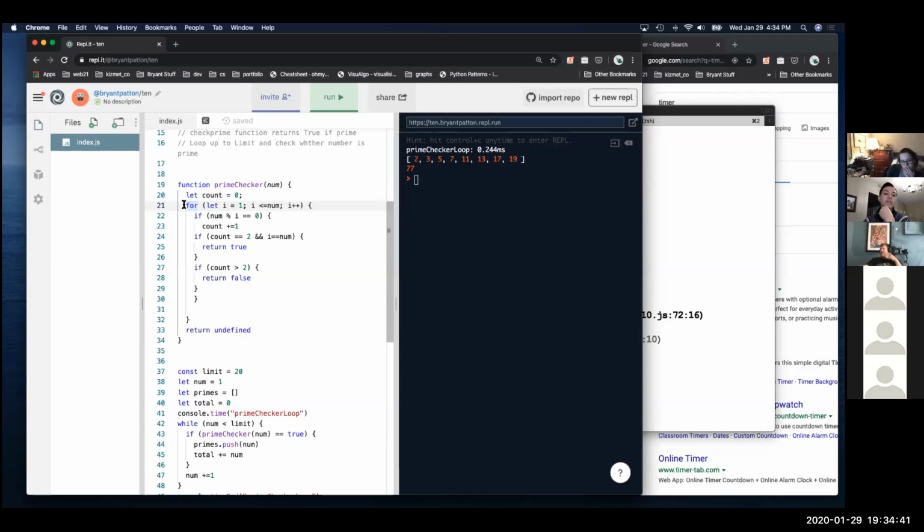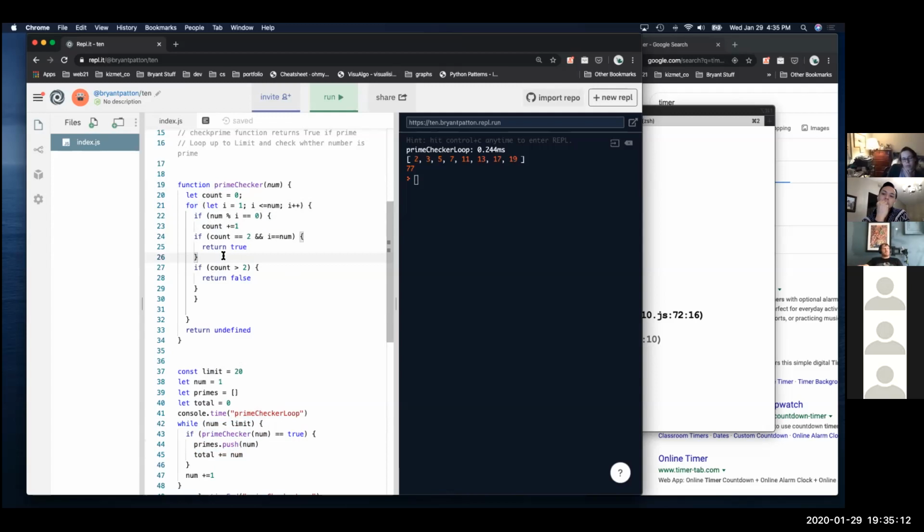Because the while loop iterates through every single number that's less than the limit. But what about moments where it finds that... I guess never mind. No, it has to always. So the while loop will go up to the limit, but the prime checker could exit early, right?